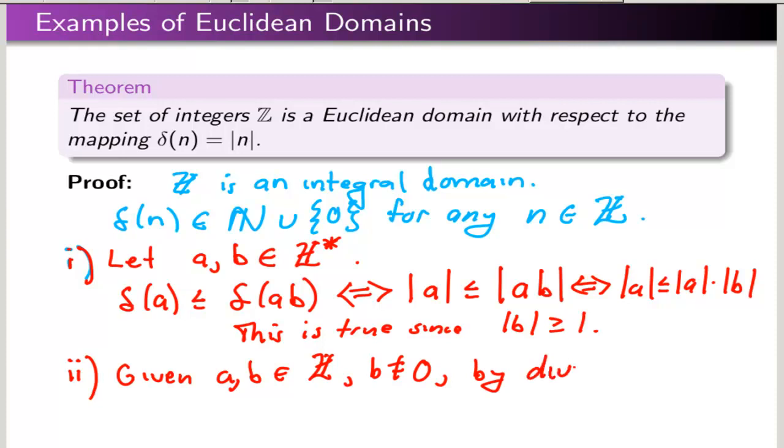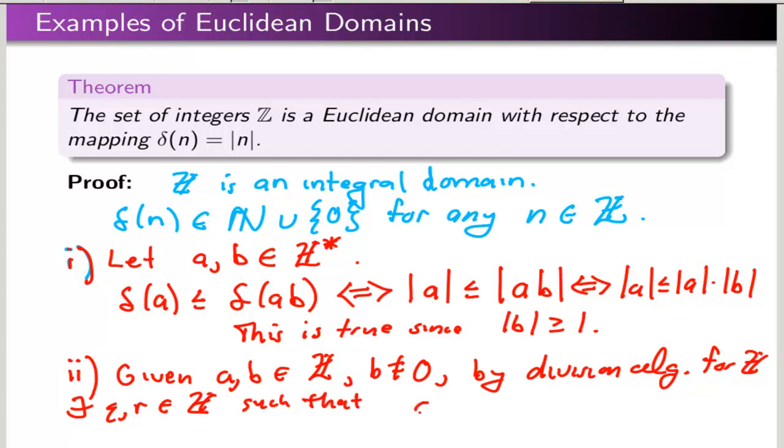By the division algorithm for Z, there exist Q and R in the integers such that A is QB plus R, with R between 0 and B.